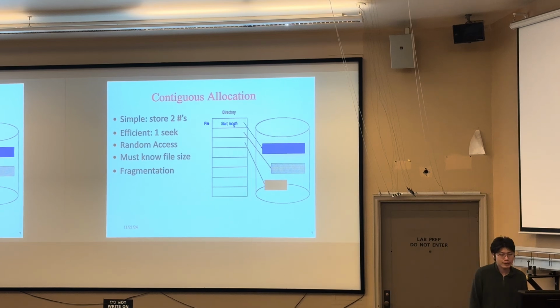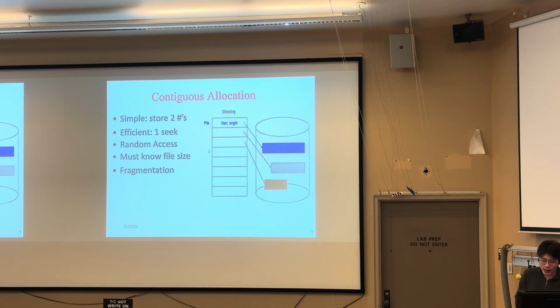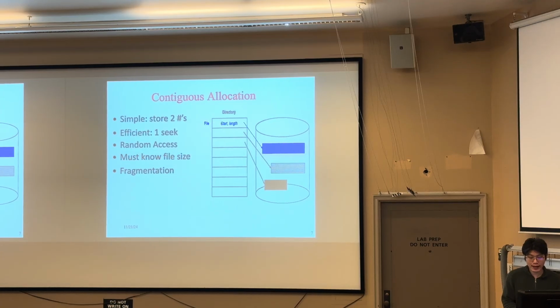Then when I allocate another file, continuous allocation means that I just allocate the next blocks to file 2. So all the files are allocated continuously in this external storage. The downside is very obvious. You must know the file size, because you specify the start of the file and the length when you allocate the file.